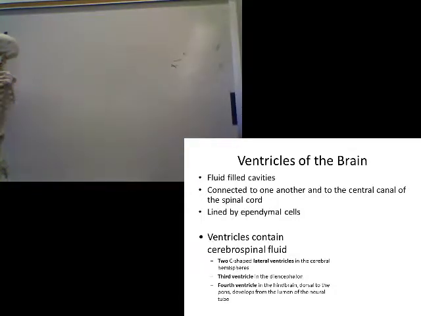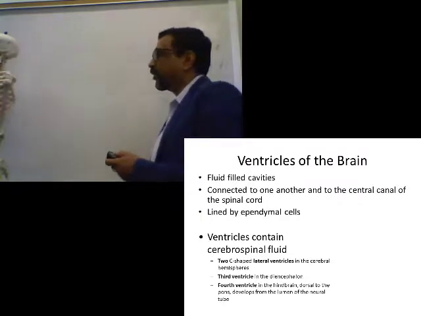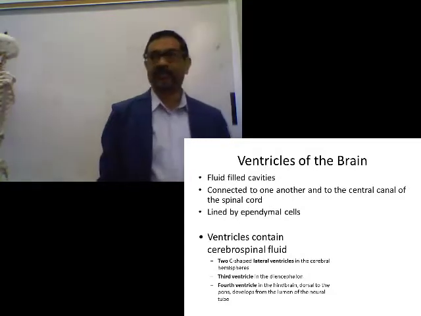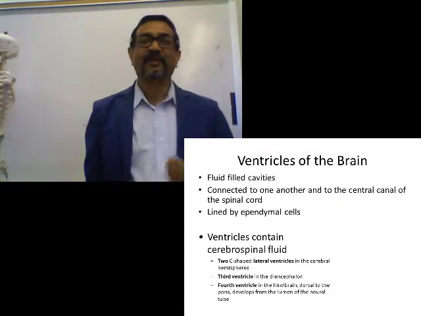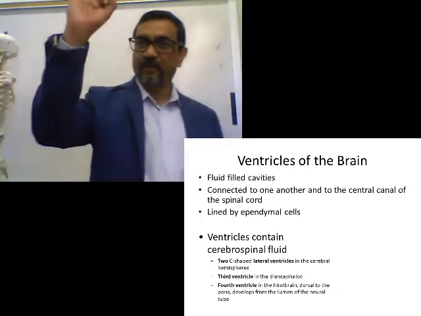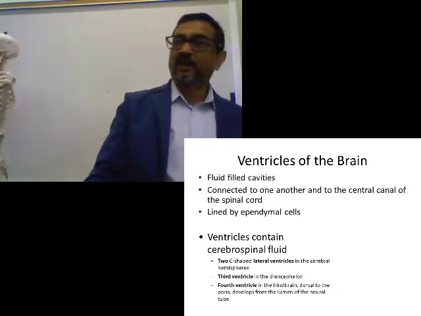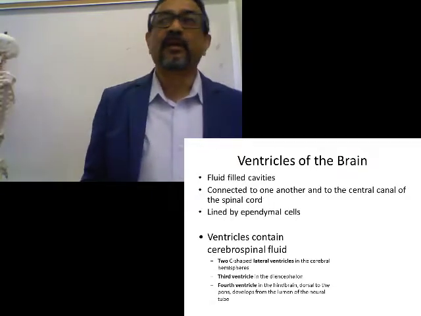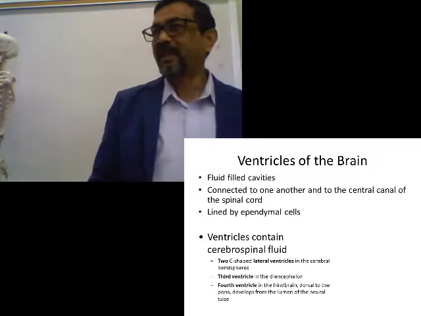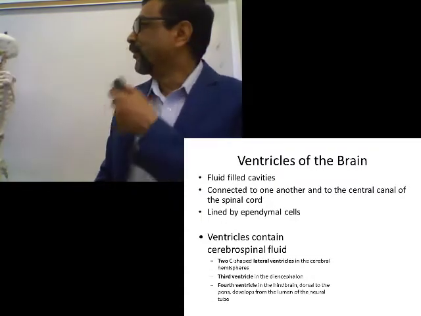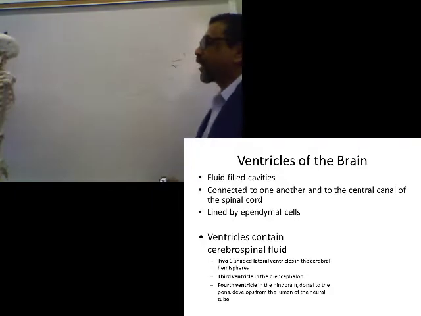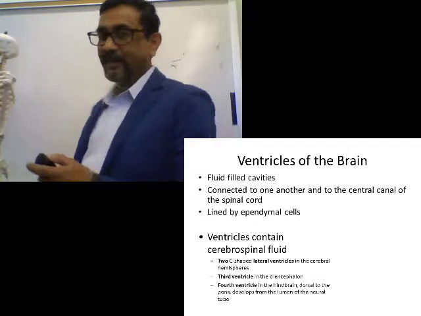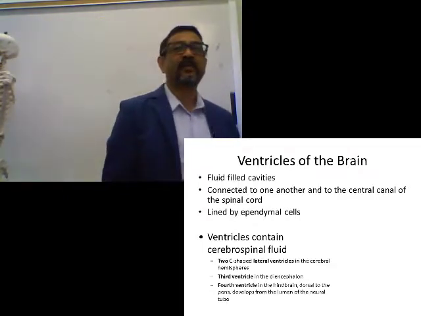And lateral ventricles are connected to the 3rd ventricle by interventricular foramen. Very simple. Inter means in between, ventricular foramen is the opening. So, lateral and 3rd are connected by interventricular foramen. Then 3rd and 4th are connected by the cerebral aqueduct. Cerebral aqueduct is the connection between 3rd and 4th.